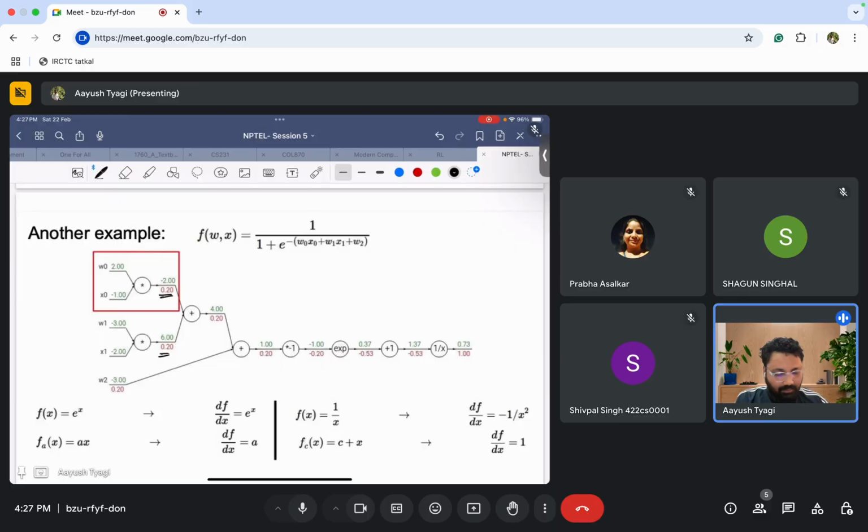You have to compute the gradient with respect to W1 and W2. Suppose this is Z, then Z is basically dependent on W1 X1. When you compute the gradient with respect to X1, you multiply with W, and when you compute the gradient with respect to W, you multiply with the other entity.